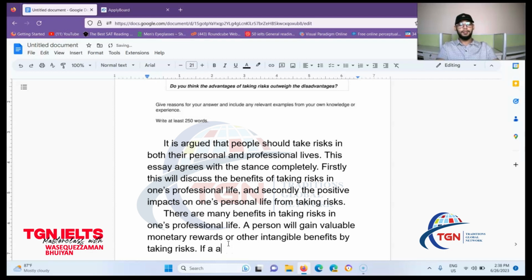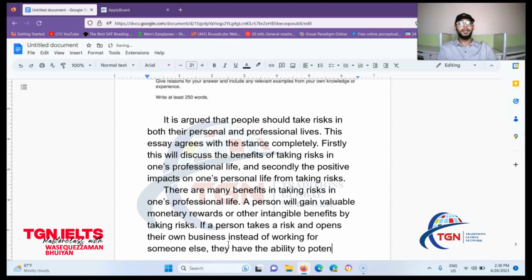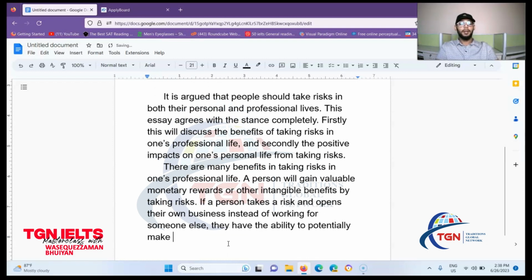If a person takes a risk and opens their own business instead of working for someone else, they have the ability to potentially make large sums of profit. Now, let's say some other ones.